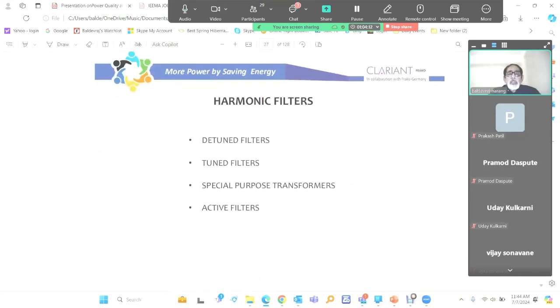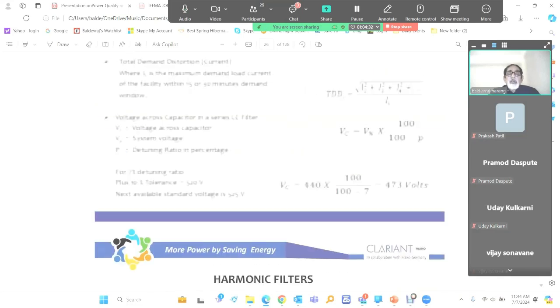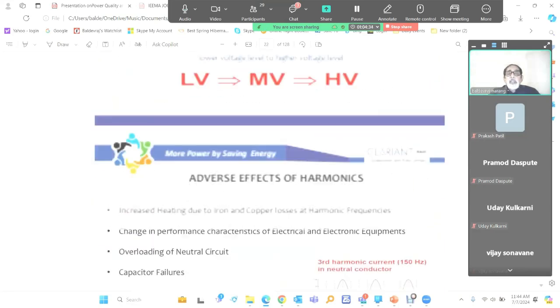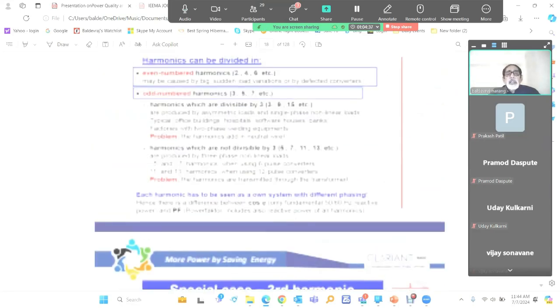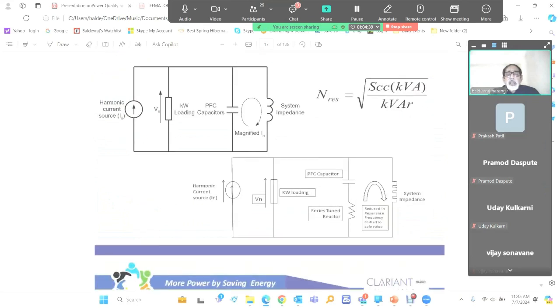Then we have to mitigate these harmonics. There could be detuned filters or tuned filters, and then special purpose transformers or active filters. Filters we have already explained. We connect the reactor, and the reactor is tuned to the frequency which we want to filter out, and that is how we absorb some of the harmonics in this reactor capacitor combination, and it is not allowed to go back to the grid.